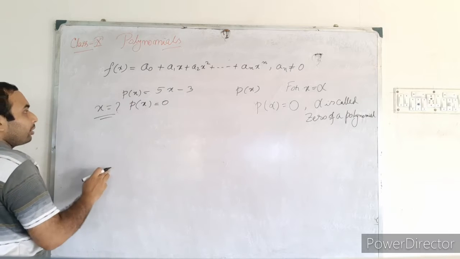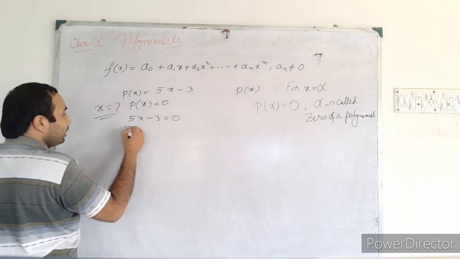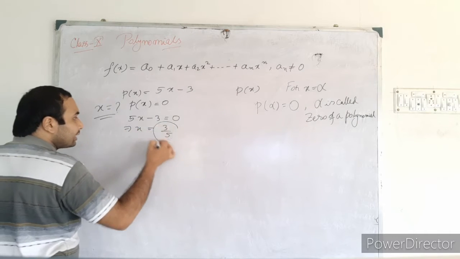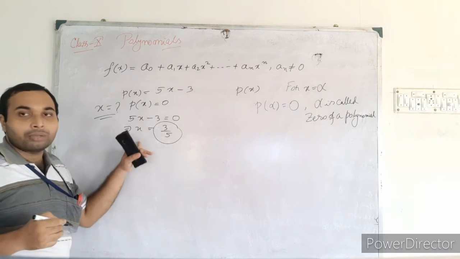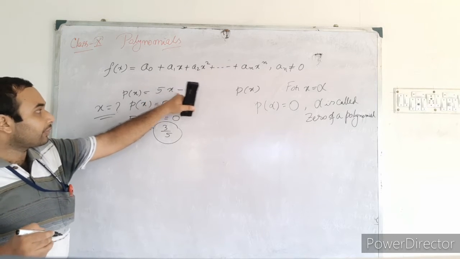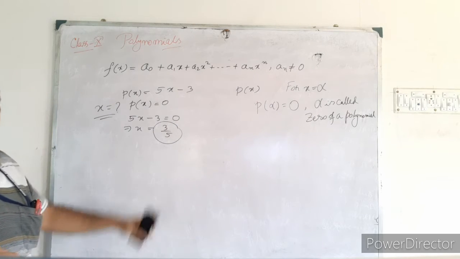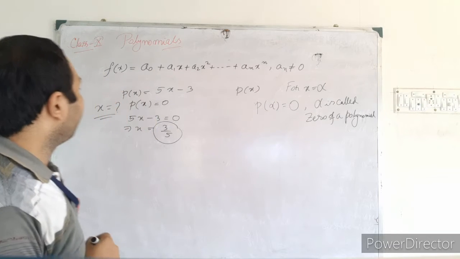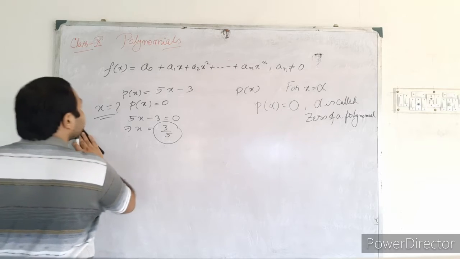So let us take p(x) equals 0, so 5x minus 3 equals 0, so x equals 3 by 5. This is the zero of the polynomial. If it is asked what is the zero of the polynomial 5x minus 3, your answer will be x equals 3 by 5. I think you have understood this.